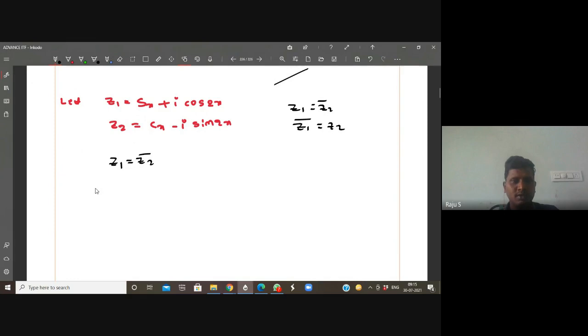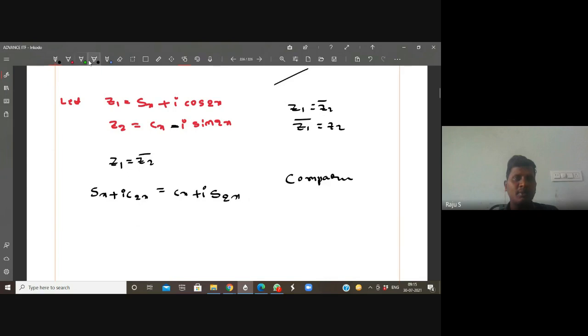So Z1, sin x plus iota cos 2x, is equal to the conjugate. Conjugate means cos x, minus iota becomes plus iota, sin 2x. Am I right? Instead of minus, I have written plus because I have taken directly Z2 conjugate. Now comparing on both sides.